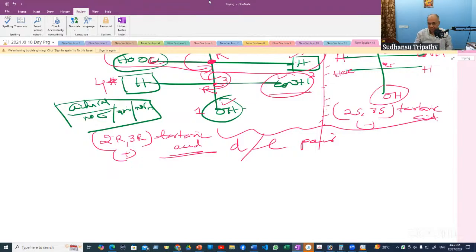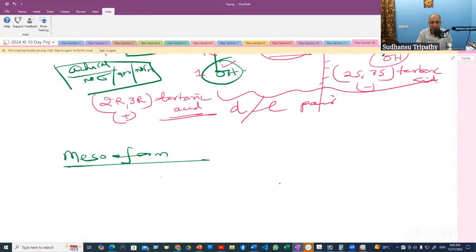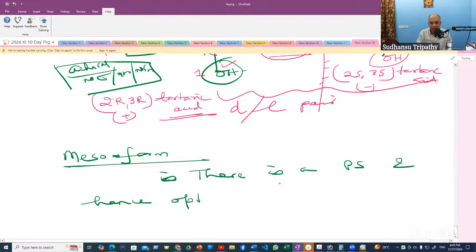So let me write down something about the meso form. There is a plane of symmetry and hence it is optically inactive due to internal compensation.